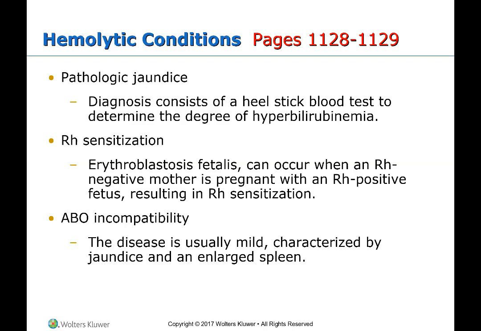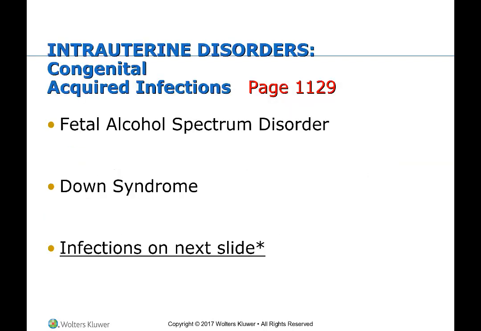And okay, we have intrauterine disorders, congenital acquired infections. So what do we have? Fetal alcohol spectrum disorder, Down syndrome, and it says infections on next slide because the book kind of got this mixed up.